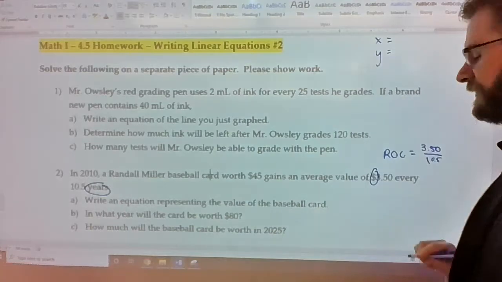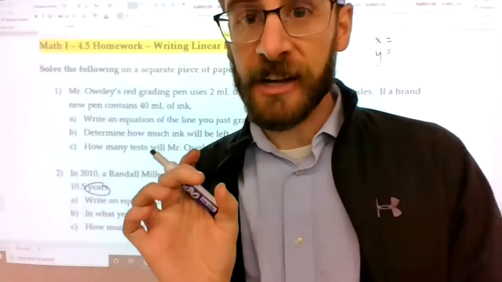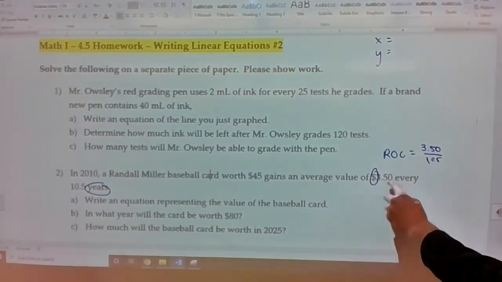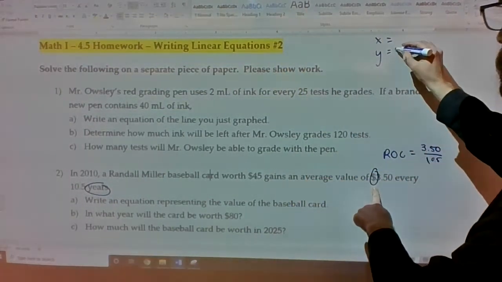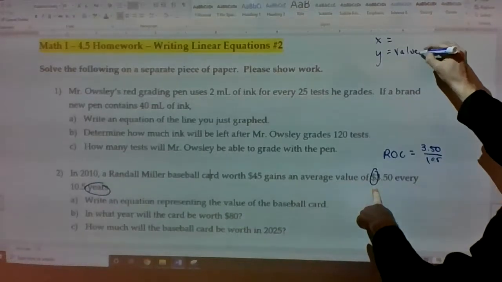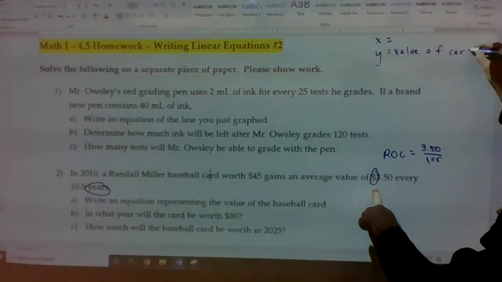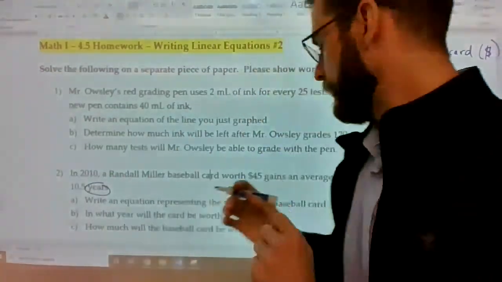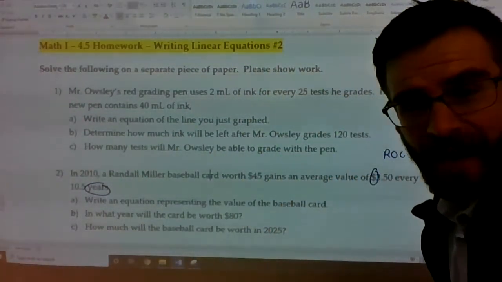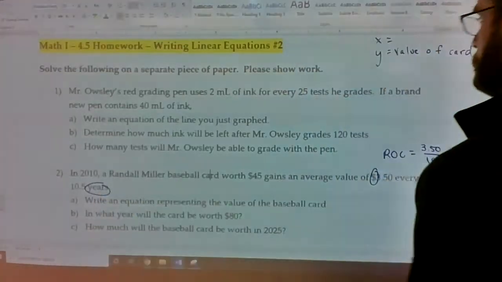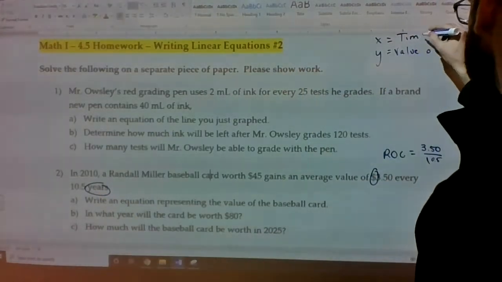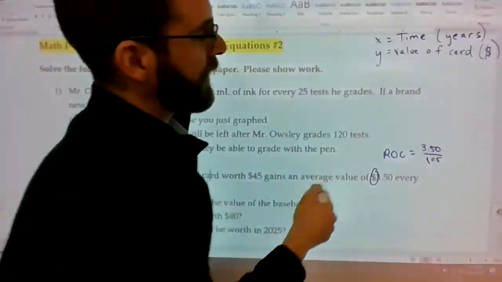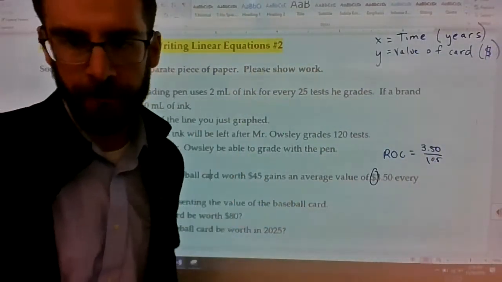Now, if you remember from the previous video, the rate of change gave us our y divided by our x. So the y represents the value of the card in dollars. And x is usually the time value, time in years. So that's the first thing I want you to do, is define your variables.